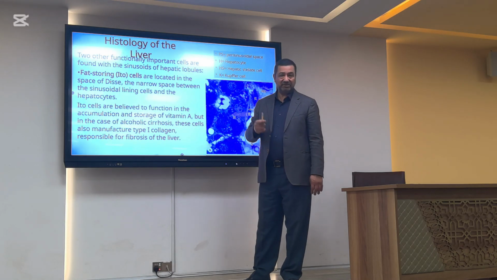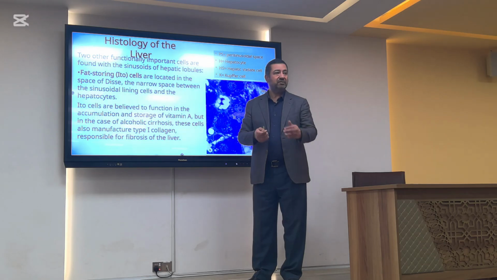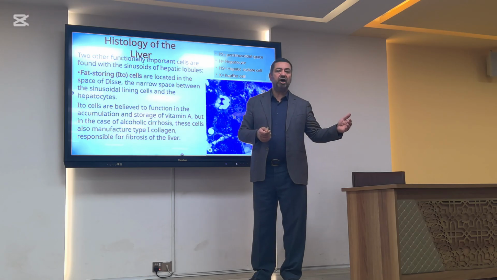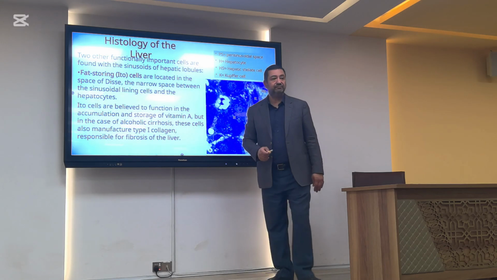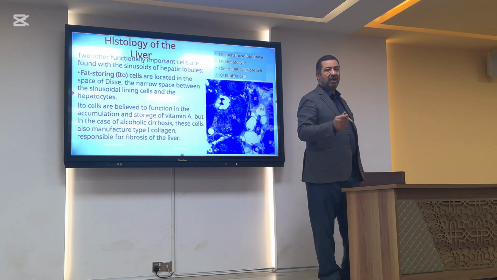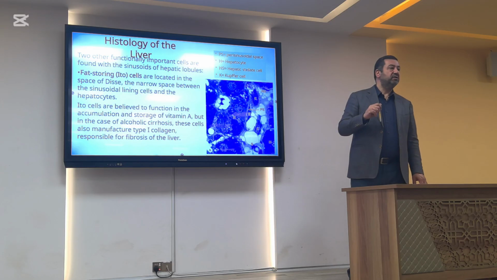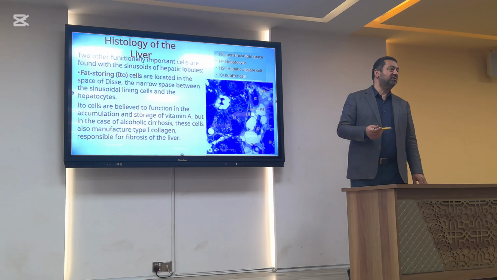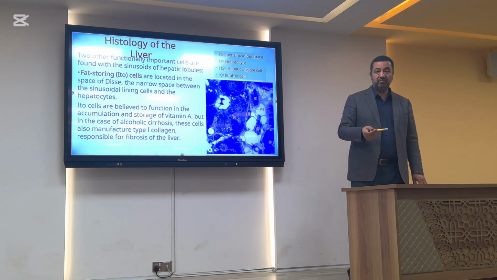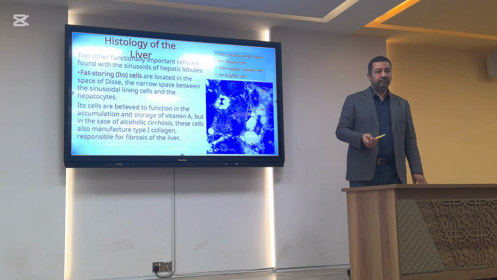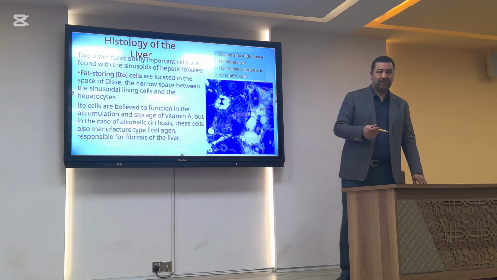These cells synthesize collagen type 1, responsible for fibrosis of the liver. In alcoholic cirrhosis, Stellate cells or Ito cells synthesize collagen type 1 and make fibrosis in the liver. Is it clear? Yes.